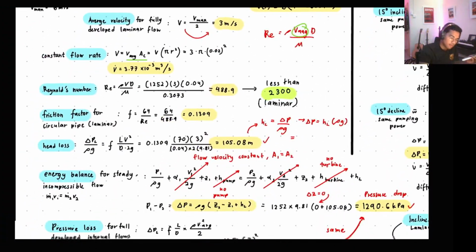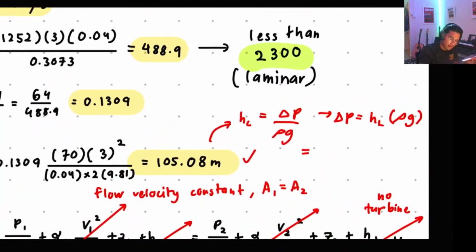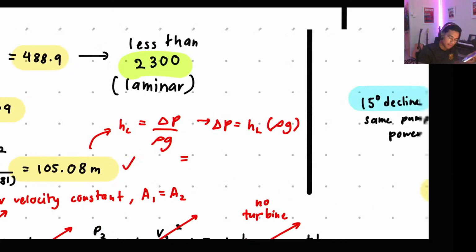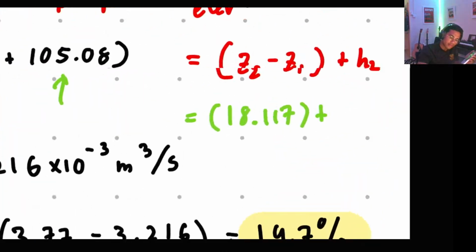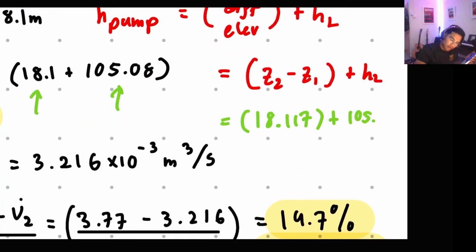Head loss mana tadi? Ni head loss kita 105.08. 105.08 tambahlah 18.1173, 123.197. Ni H pump.